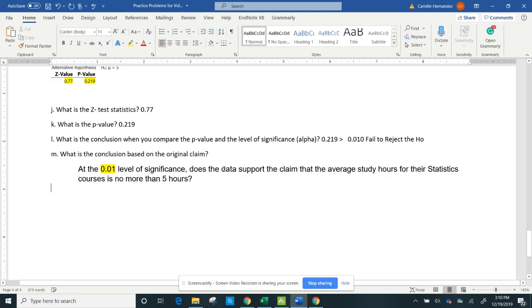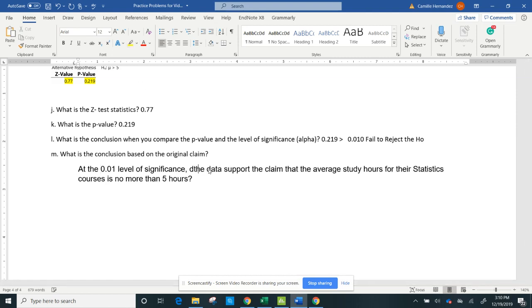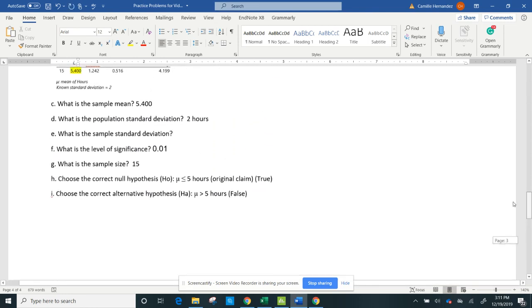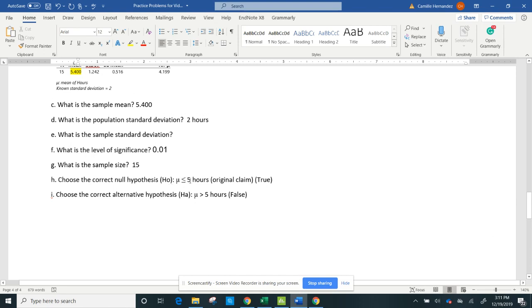So at the 0.01 level of significance, which is good, I'm starting the problem with how I have it. The data does support the claim that the average study hours for their statistics courses is no more than 5 hours. Again, how did I do that? No more than was my null hypothesis.